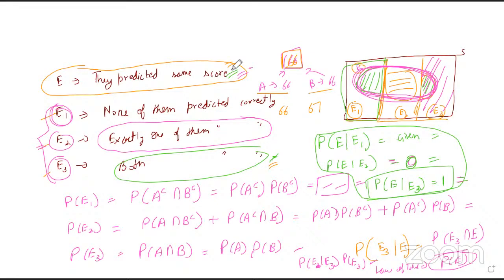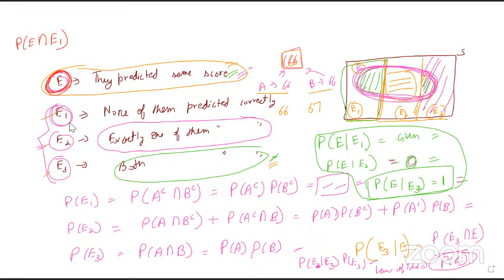No, sir, I was wondering the same thing. My event E is that they predicted the same score only. No, not E by S, sorry, E intersection E1 by S. E intersection E1, you are saying? By probability. So is it not in the question?